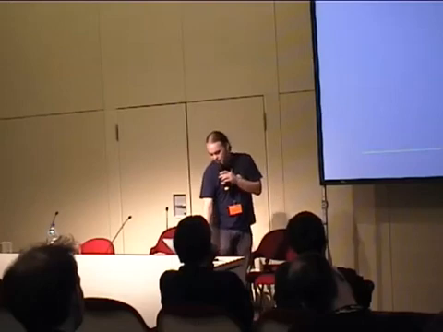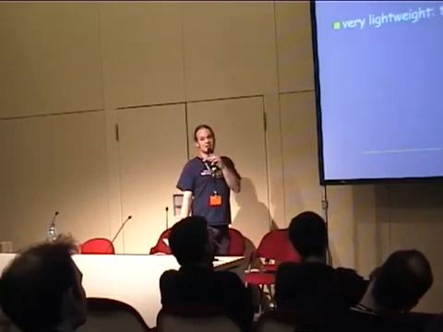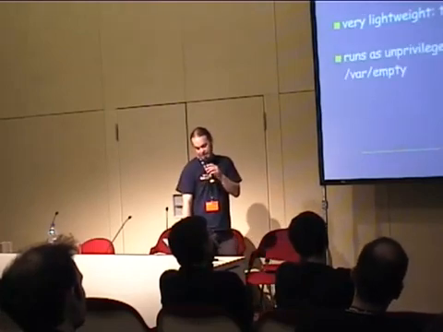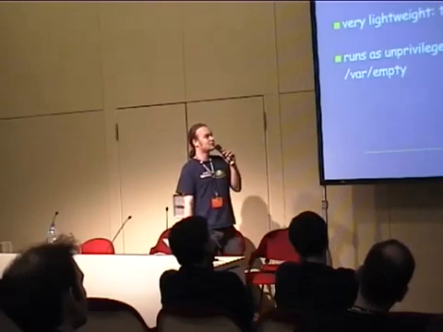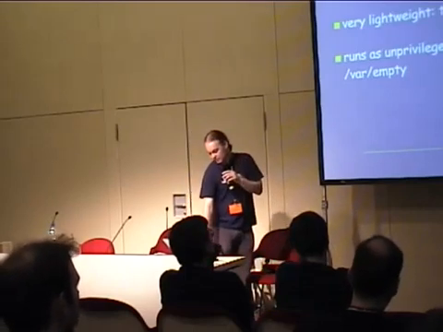The session engine also maintains a Unix domain socket for the BGP control program, which is used to query runtime information. It's very lightweight. It's typically under 1 megabyte of RAM on an i386 machine. And, as said, it runs as unprivileged user bgpd and is chrooted to /var/empty.